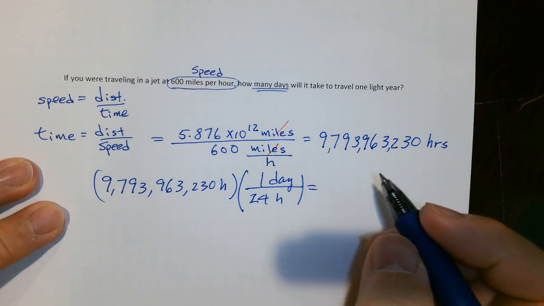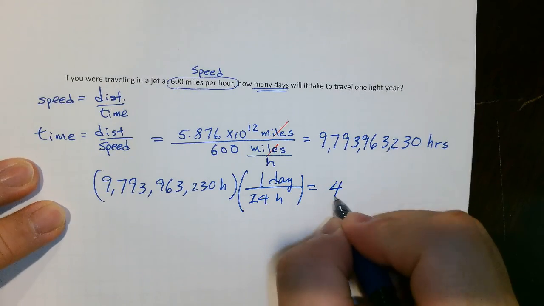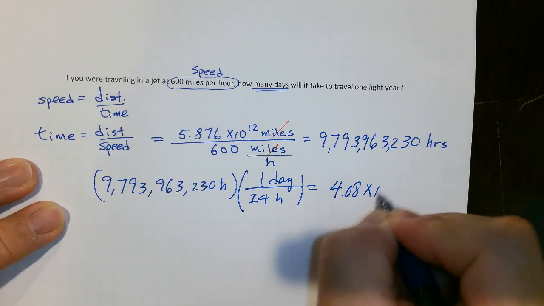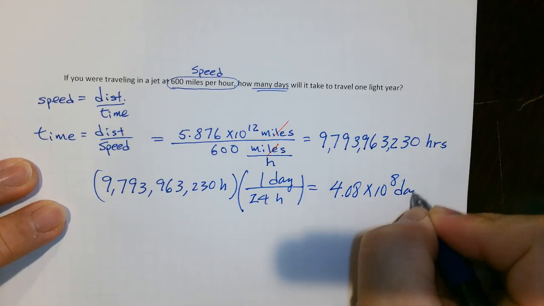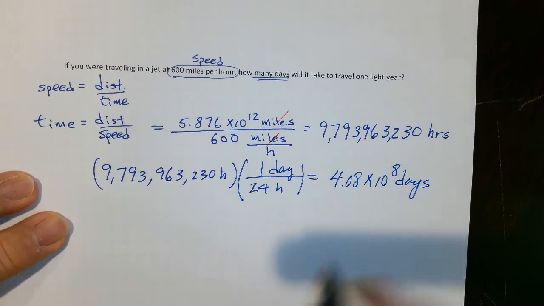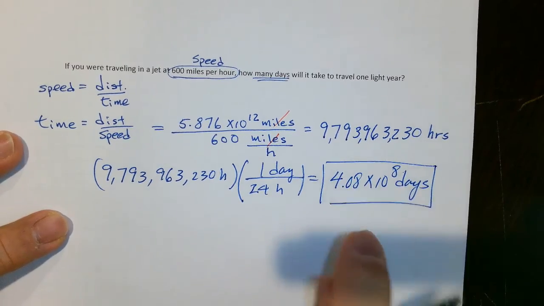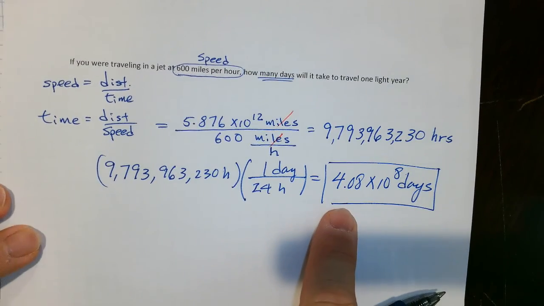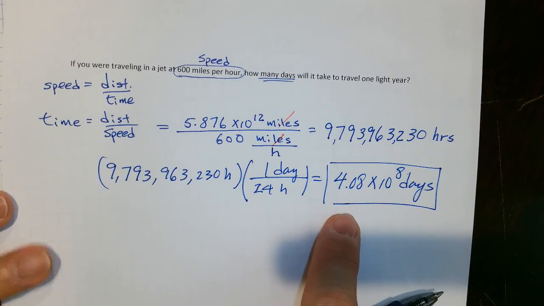So if you work that out, you're going to get 4.08 times 10 to the 8th days. Still doesn't give me any clue how long that is. I know it's a big number too, right?